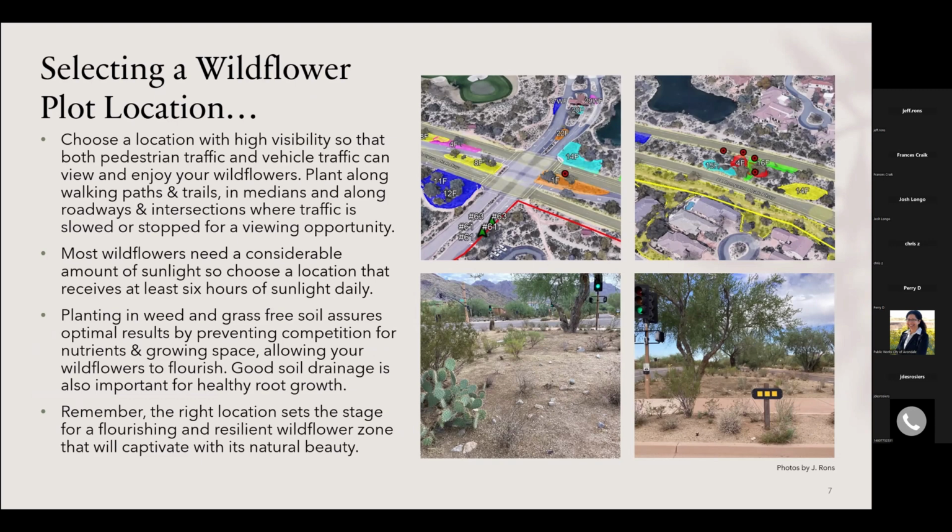Avoid slopes so you don't get wash off, and then just get it prepared. And like I said, we started in August, so we'll come back and we'll weed it before we cast the seeds. So pretty good photos of what it looks like in our wildflower plots here. So right location is pivotal though.